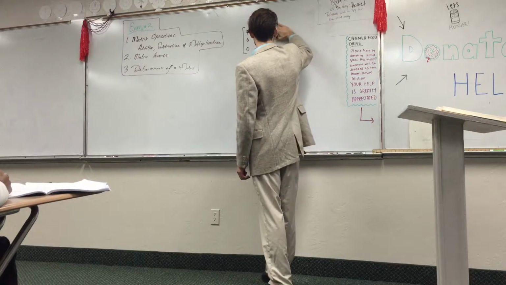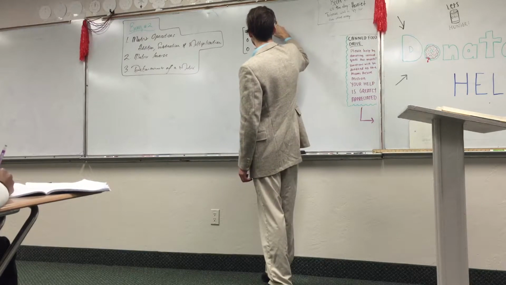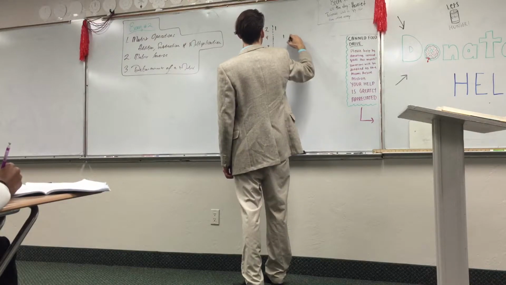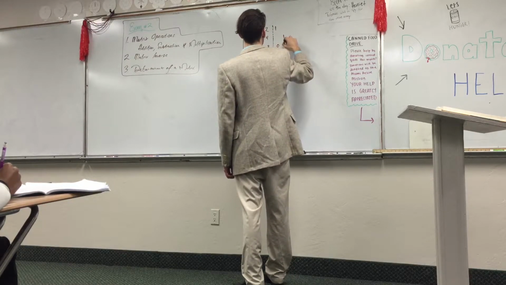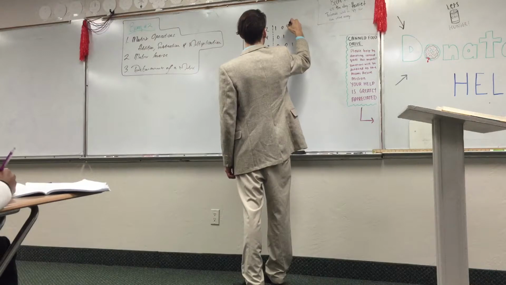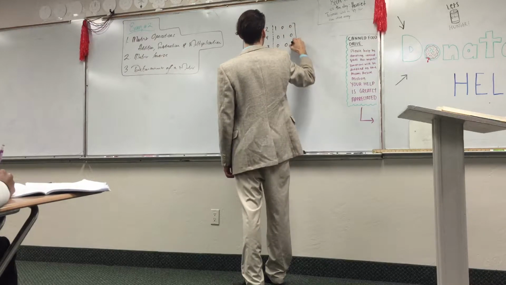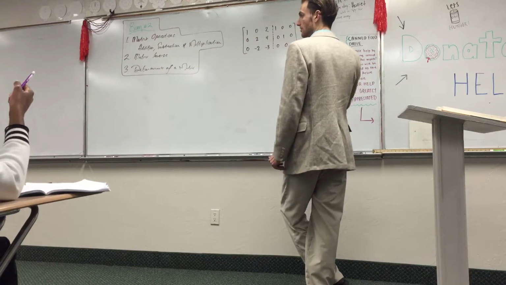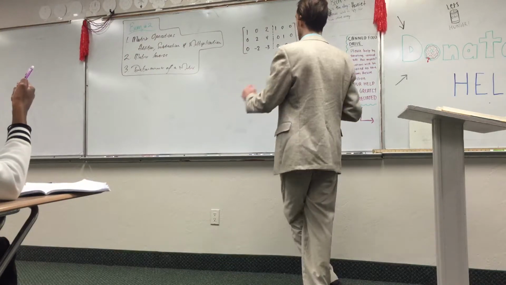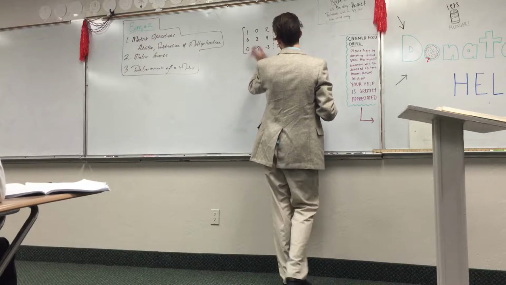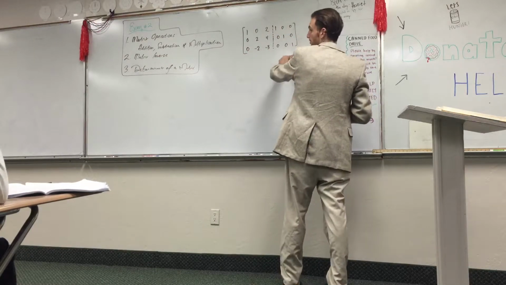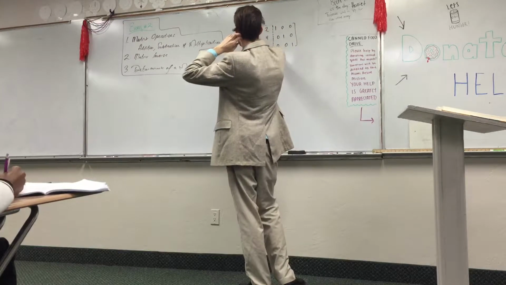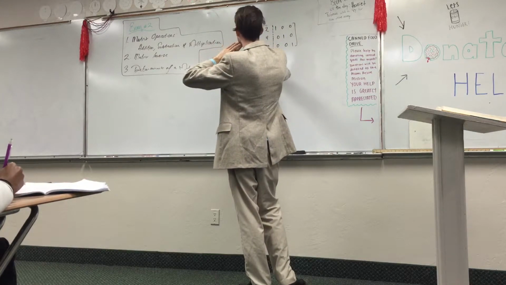The first step is you augment the matrix with an identity matrix of the same order. Then I make the left side an identity matrix by doing row operations, and I apply my row operations to the right matrix as well. This is clearly already 1, 0, 0, so that's good.